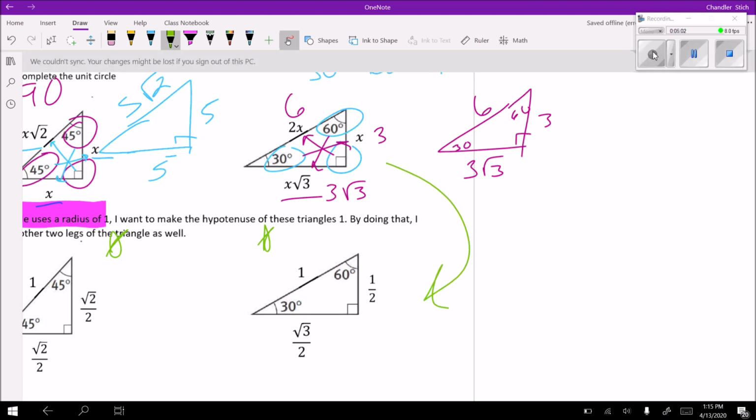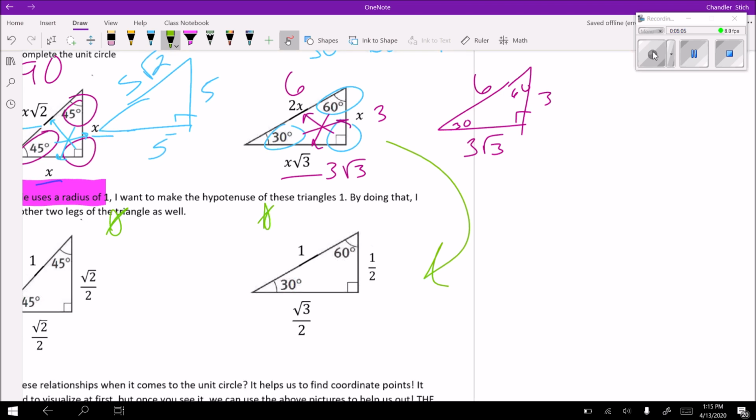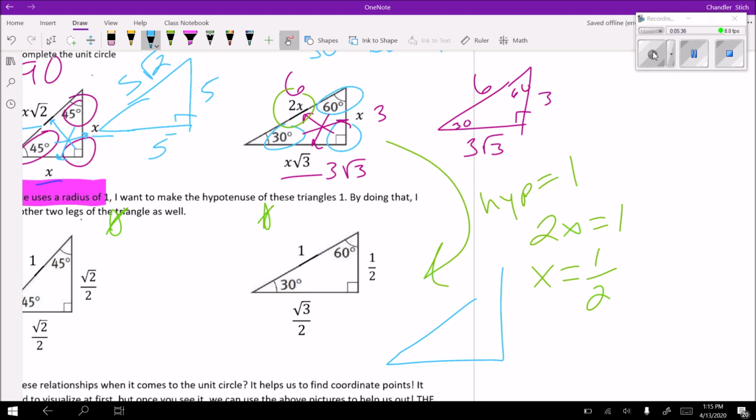The radius needs to be 1, or the hypotenuse needs to equal 1. Well, the hypotenuse here is 2x. How can I make 2x equal 1? What does x equal? x equals 1/2, because 2 times 1/2 is 1. So if I draw a brand new triangle here, I'd have the hypotenuse of 1.